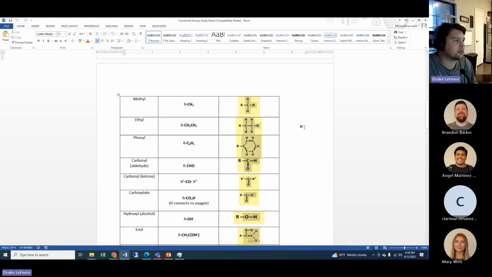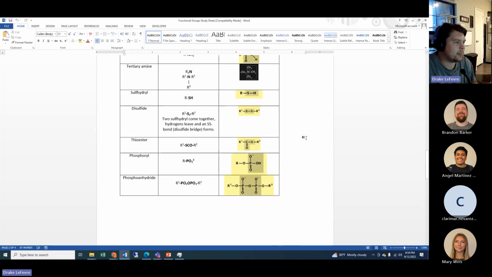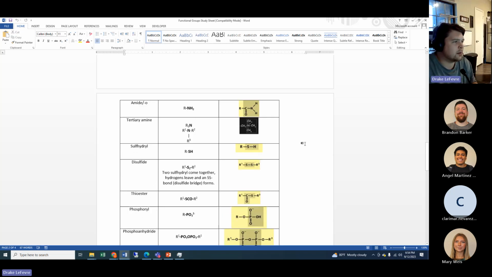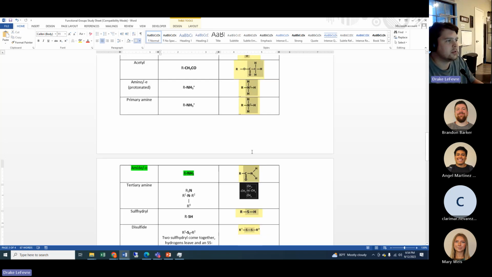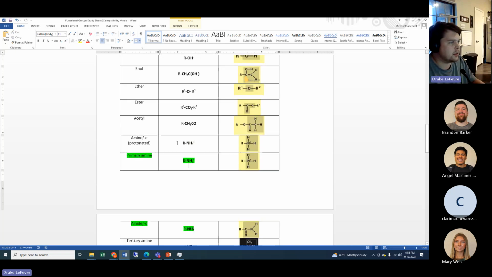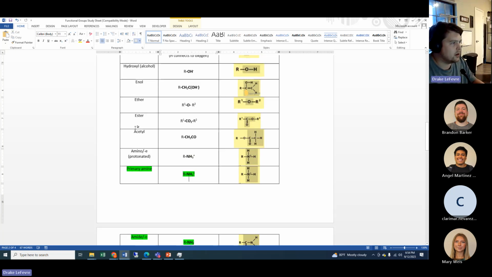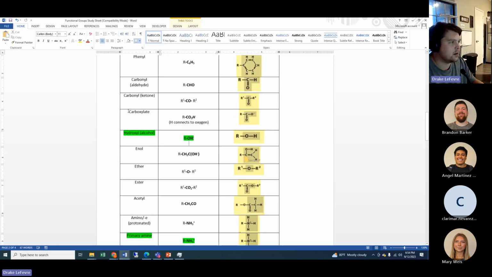But really with the functional groups, he'll ask questions about a decent chunk of them, but honestly the ones you need to concern yourself the most about are the amides or the aminos. Primary amine is very similar to that. The hydroxyl group you'll always get asked about.